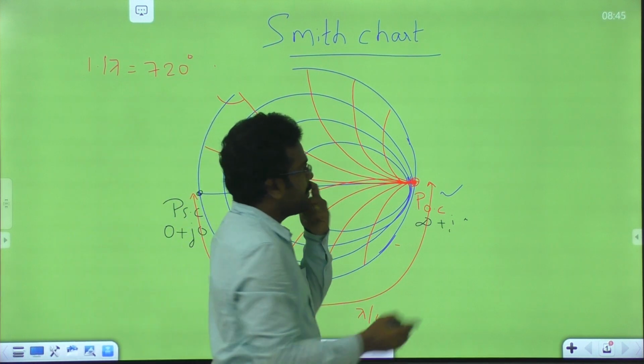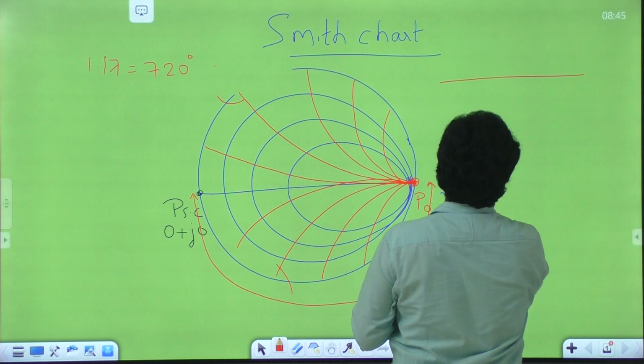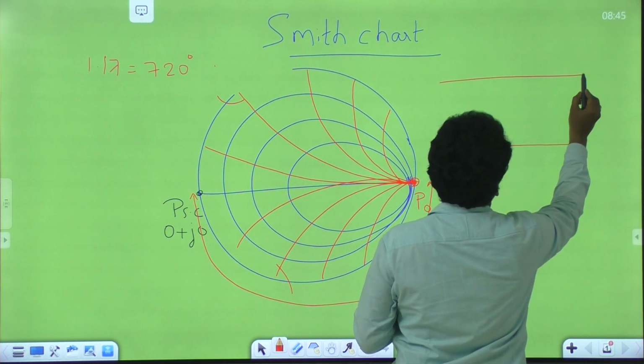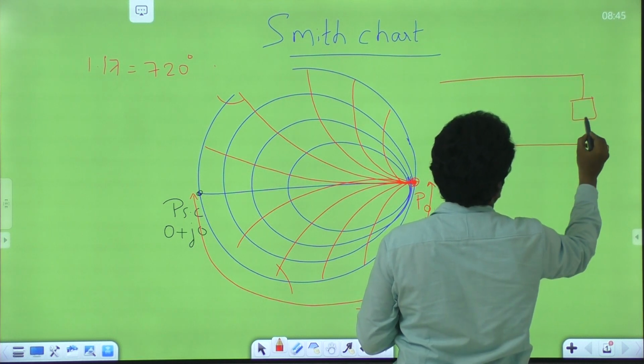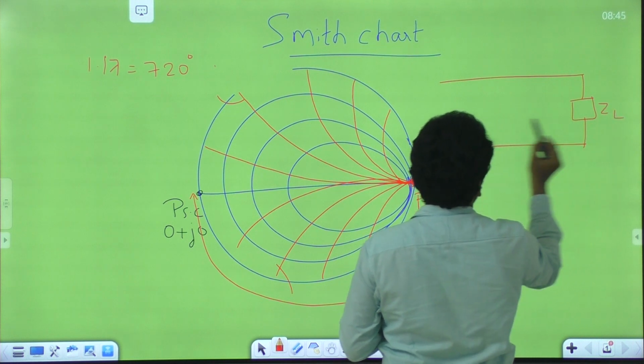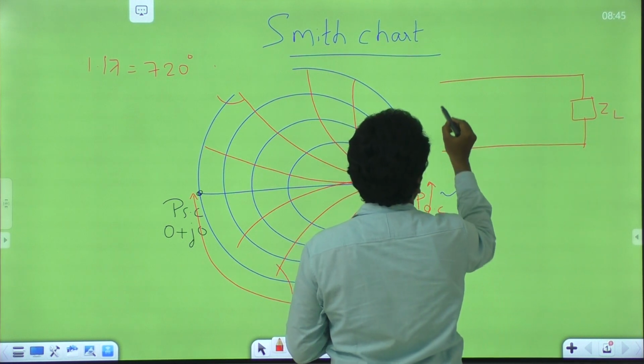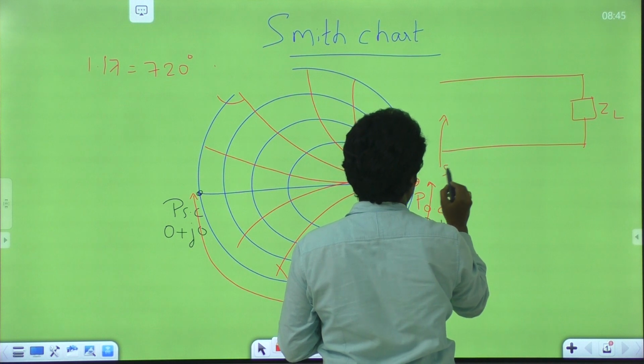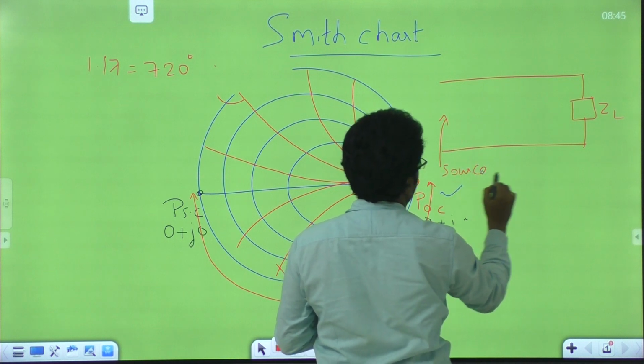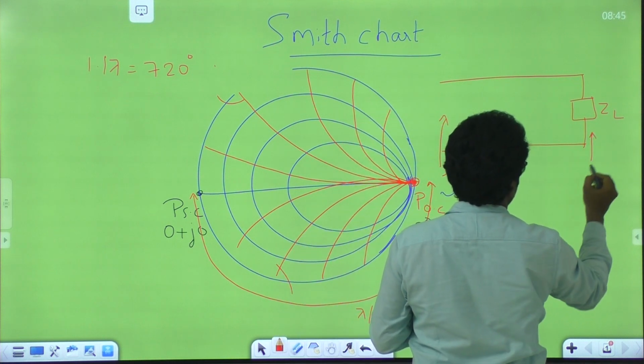And the next point: moving on a transmission line is the same as moving on a constant VSWR circle. This is the load impedance. This comes under the source side, and this comes under the load side.